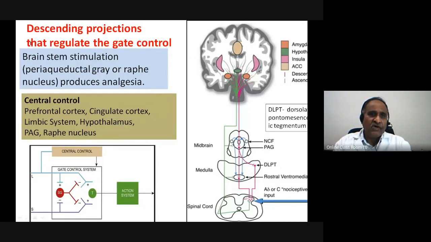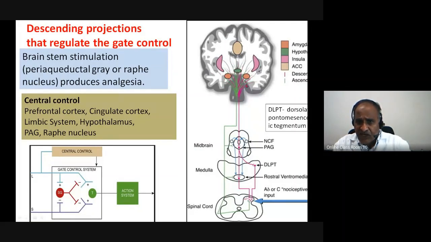Now, the brainstem, periaqueductal gray and raphe nucleus produce analgesia. That is what I mentioned here. Then the prefrontal cortex, the cingulate cortex, the limbic system, hypothalamus, periaqueductal gray, raphe nucleus. So this is the prefrontal cortex, this is the cingulate cortex, this is the insular cortex, then the amygdala, and this is the hypothalamus.